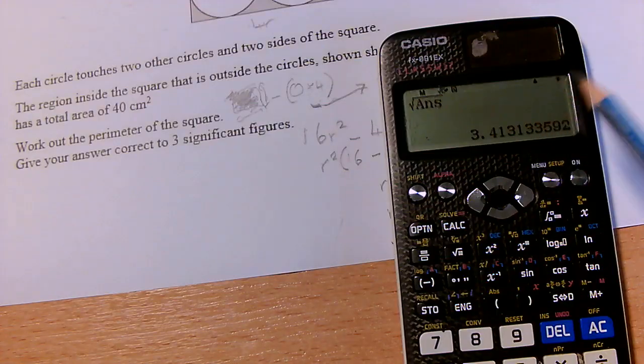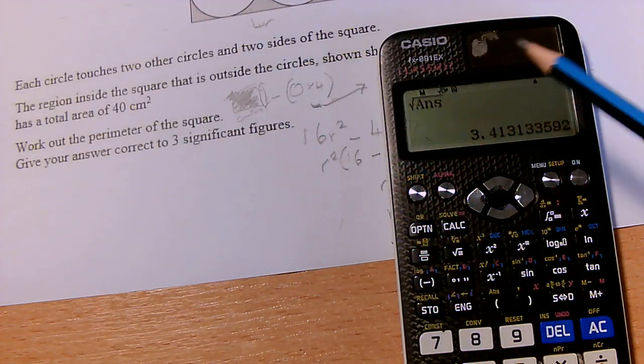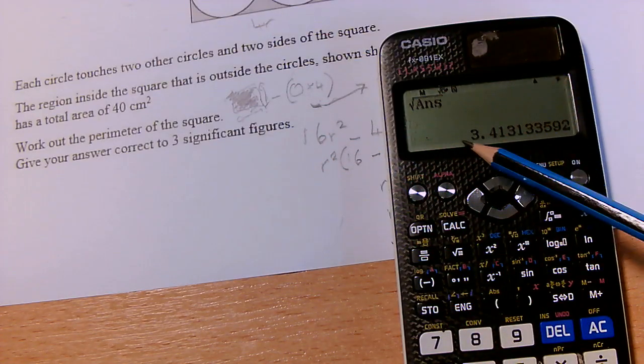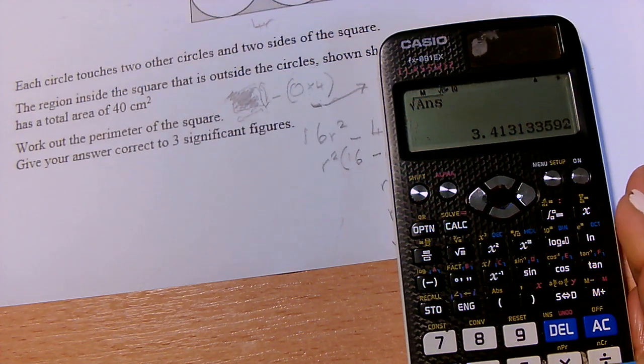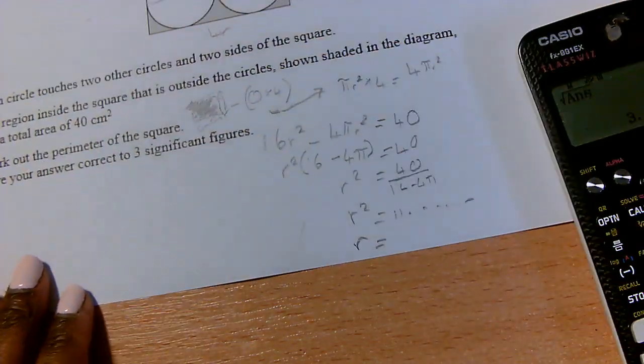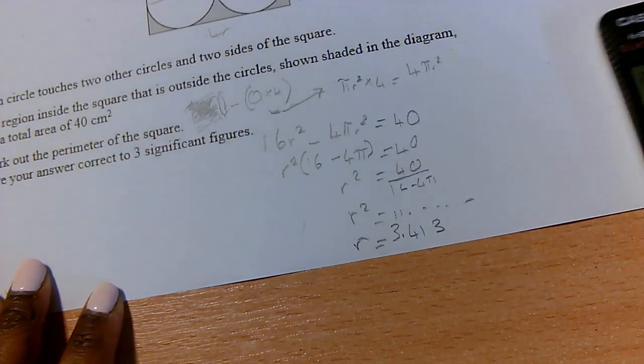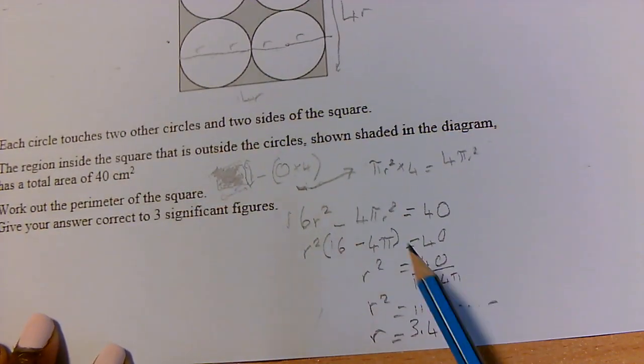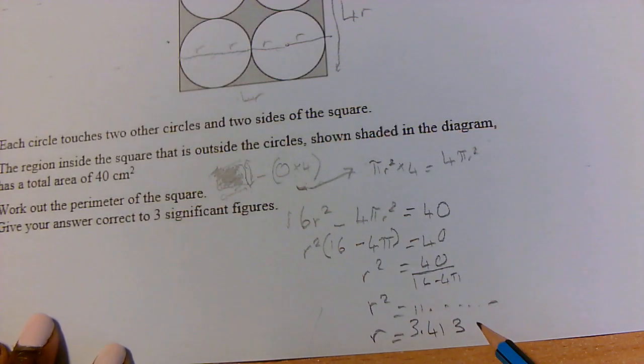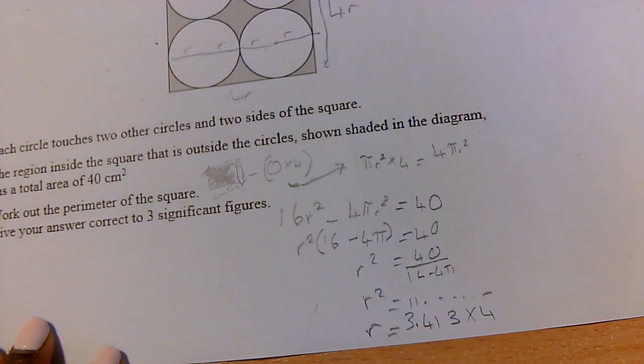And that is 3.413, and it goes on. It says do it to 3 significant figures, but this isn't my final answer yet, so I'm going to keep 4 significant figures because I'm not there yet. So the radius is 3.413. The length of my square would be 4 of those, so I'm going to press times by 4.